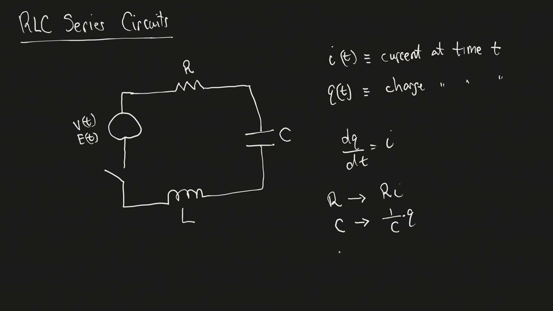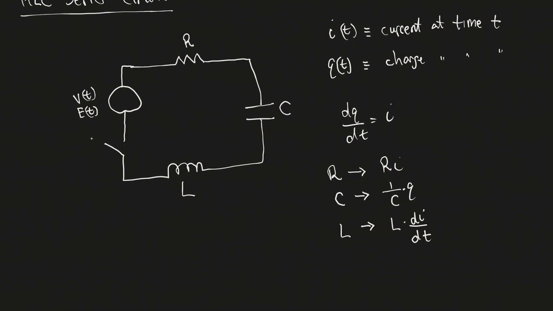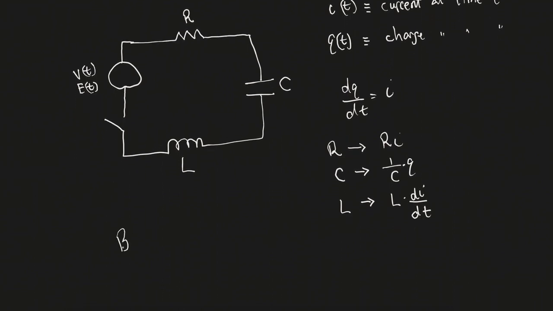And then across the inductor, the voltage drop is your inductance times the rate of change of current. So your L times di dt, right? And what Kirchhoff says is that the sum of these voltage drops must be equal to your impressed voltage, right? So by Kirchhoff, when we add these all up, it better be equal to V of t.